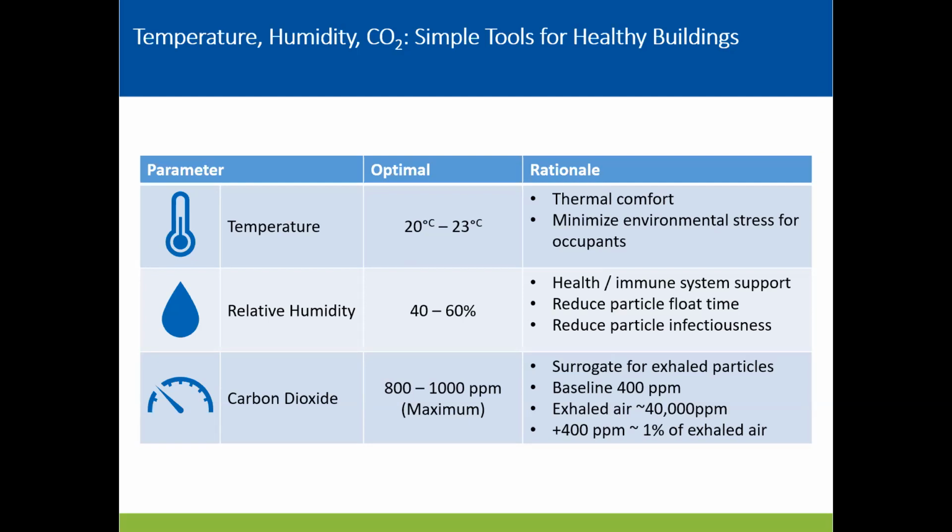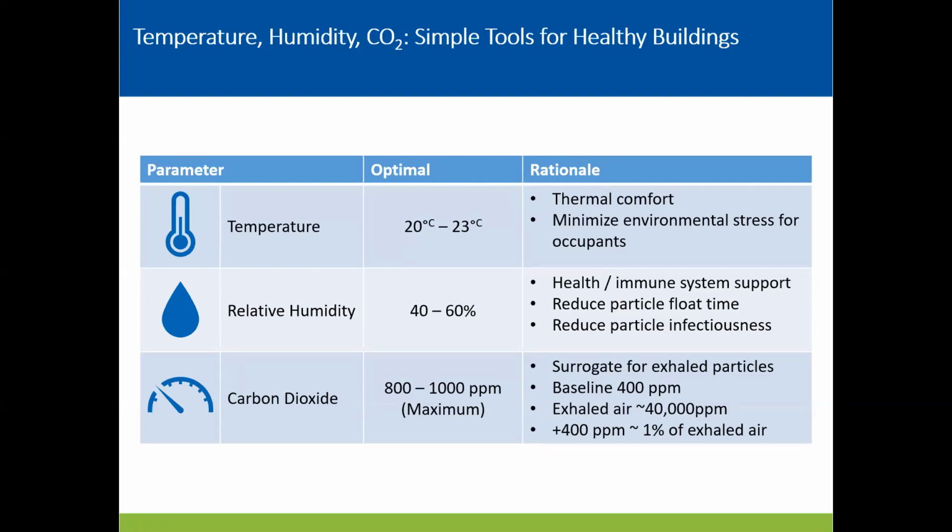But it turns out that we can actually use carbon dioxide as a bit of a rough estimate for the number of particles that are exhaled in the space, or the number of potentially infectious particles that are out there. And the way that this works is that in the ambient environment, the baseline level of carbon dioxide is about 400 parts per million.